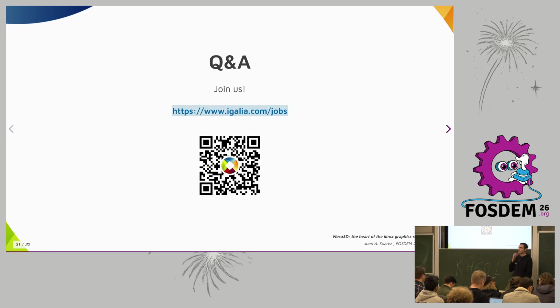What are the bigger challenges for Asahi? Okay, so I'm not working on Asahi, so take this with a grain of salt. But I think one of the problems is that Asahi implements the full OpenGL API.